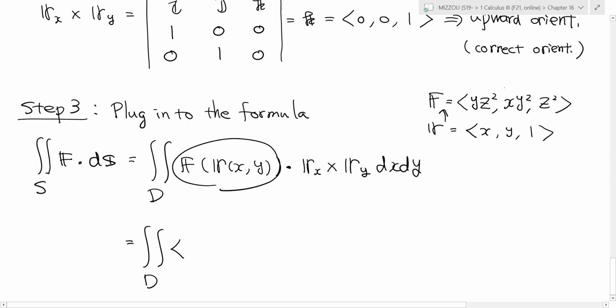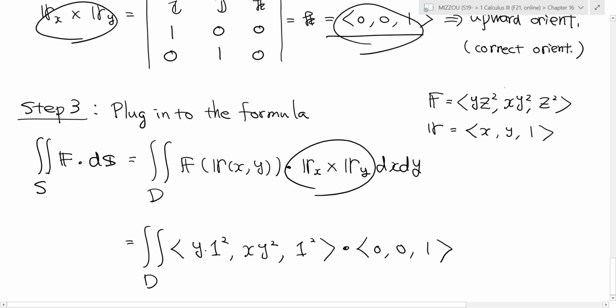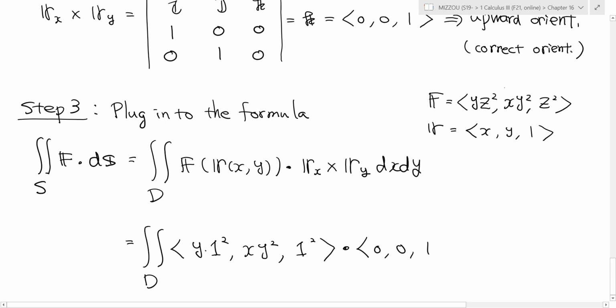So therefore, if you plug in, what you get is y times 1 squared, xy squared, 1 squared, dot this 0, 0, 1, because this was this and that's this. dx dy.